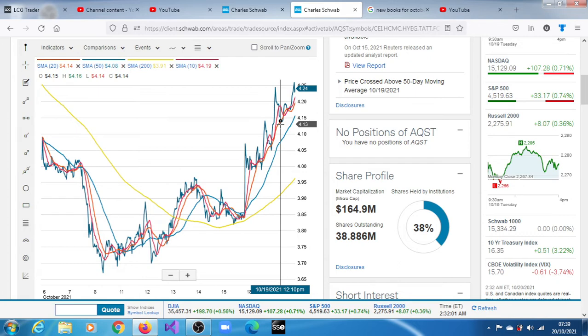But at various times it has fallen below those short-term moving averages, but it never really came close to the 50-day moving average, and that's quite good. It's good to see that it pulls back and never really loses everything. It's a positive.